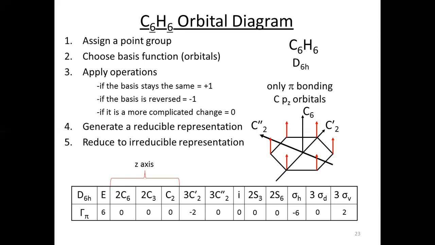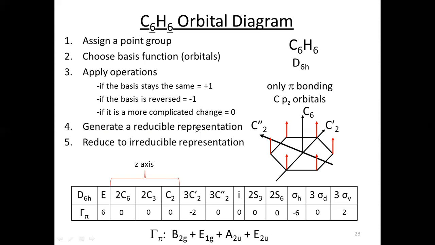So in this way, we have formed a reducible representation. So till now, we have covered the fourth point. We have generated a reducible representation. So next step, in order to form the symmetry adapted linear combination, is to convert this reducible representation into the irreducible representation. The method to convert this reducible into the irreducible representation I have already discussed.